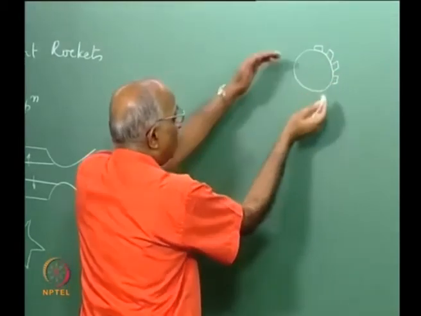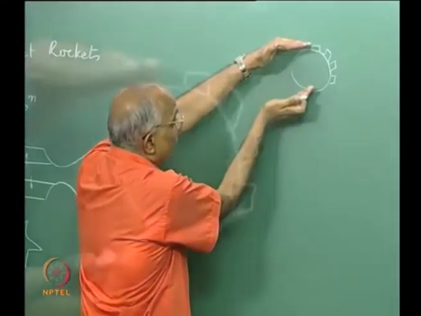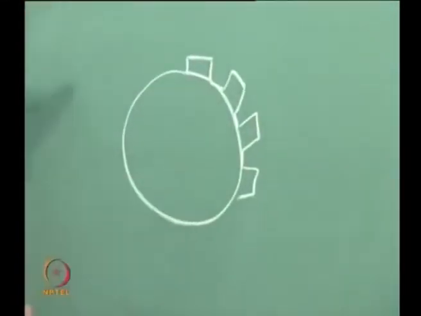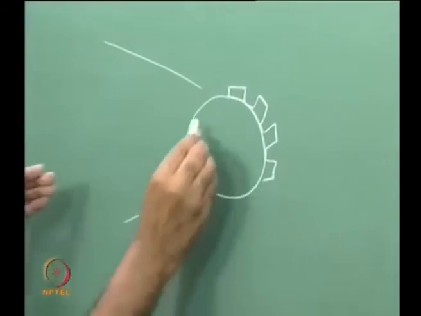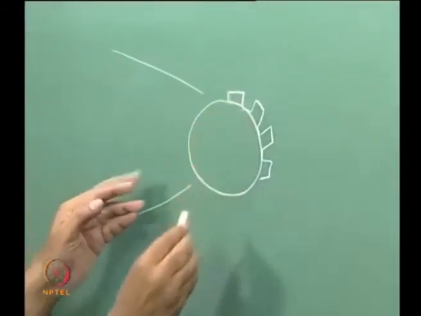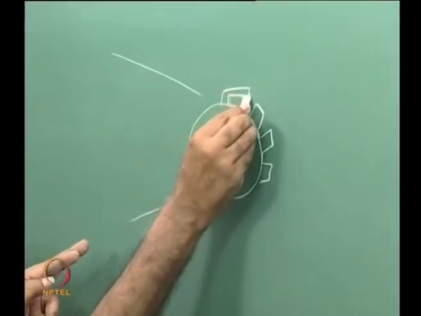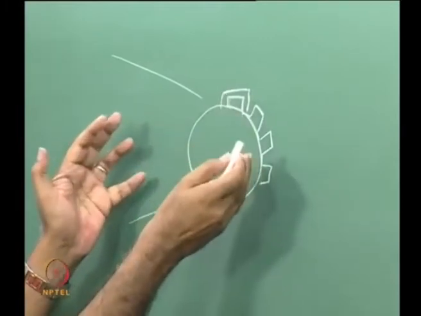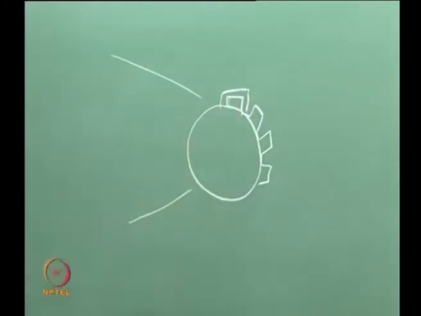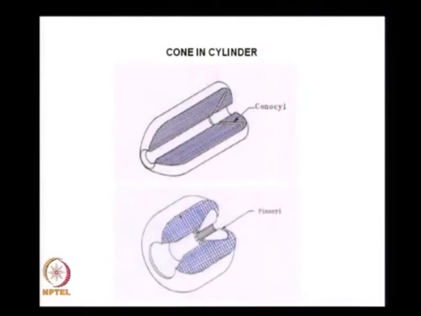Therefore, in addition to having a cone on which this is situated, I have a cone over here coming to a cylindrical portion on which I have ribs. Therefore, here also burning could evolve like this. I am trying to maximize the perimeter and the burning surface area, and when I have a fin in a cone and cylinder arrangement, this is known as finocyl. That is, I have fin in the cylindrical portion.